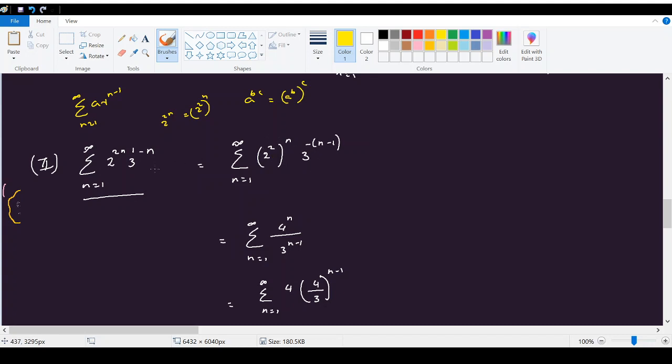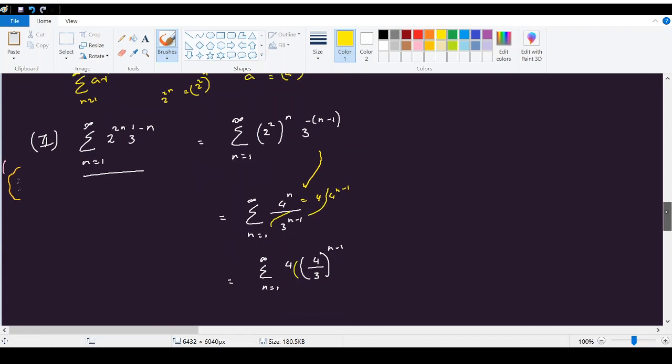Then when you do the simplification, 2 to the power 2 is equal to 4, and that to the power n, and then this 4 to the power n can be written as 4 times 4 to the power n minus 1. So these two terms together, you can write it like this.